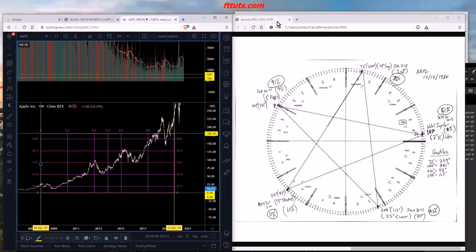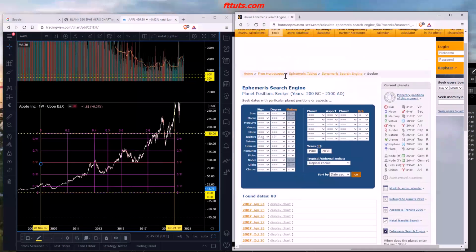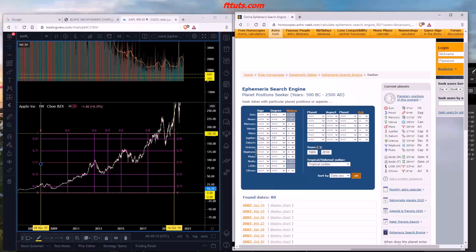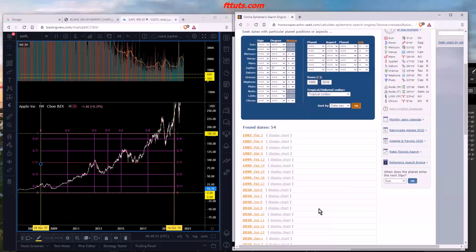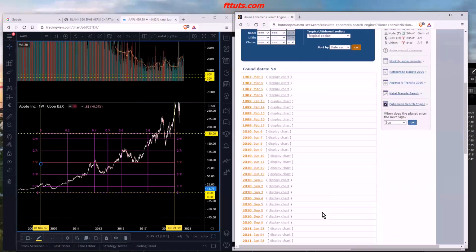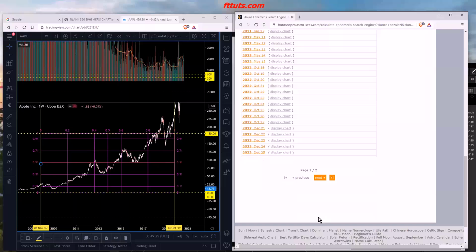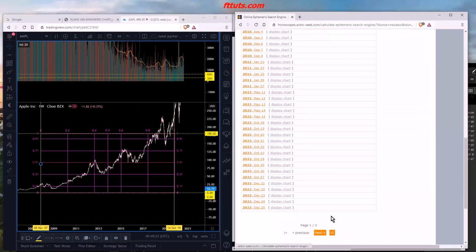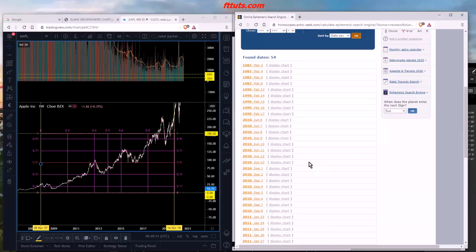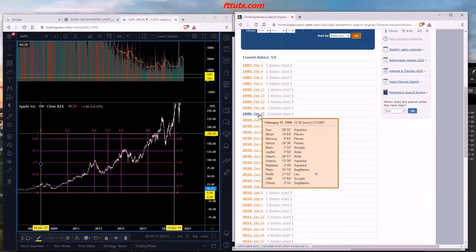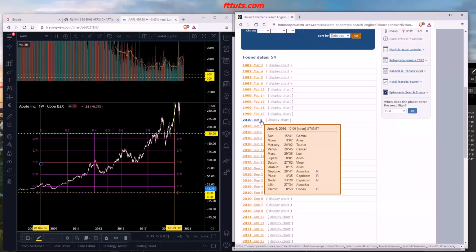So let's pull up our ephemeris. So 0 degrees Aries. It's going to help us plot Jupiter to price. And we're not doing an exact replica of Jupiter, but from 07 here, we have Jupiter crossing 0 degrees here in 1999, and then again in 2010.